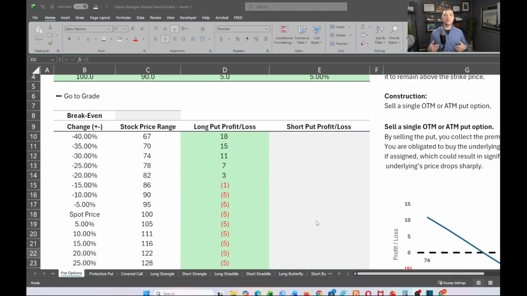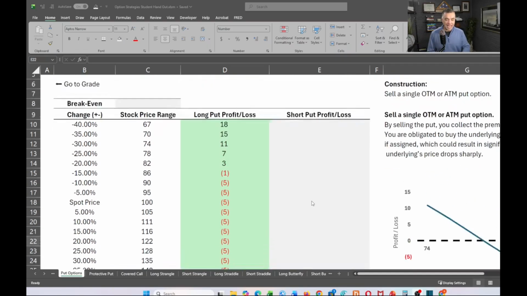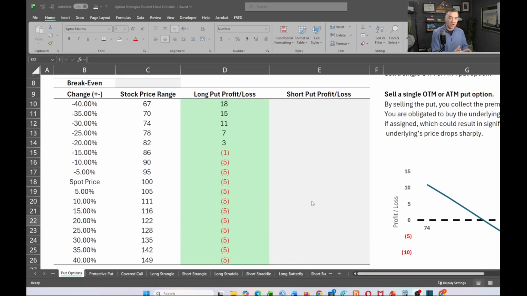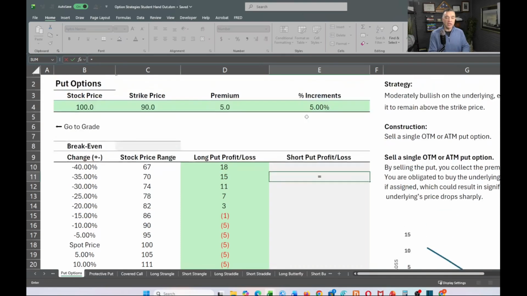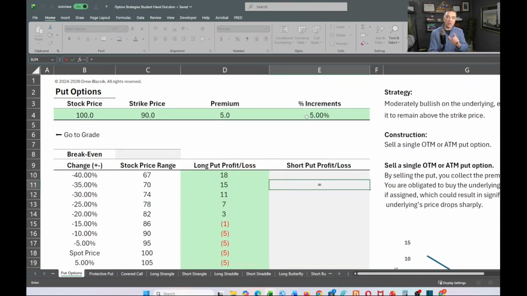Now let's look at the perception of the seller. We saw the buyer has a profit on a put, right? Strike minus stock because we have a right to sell. Well, just like the call, it's going to mirror it. So let's go up here. Let's look at the seller, and we'll build a function here. Well, the seller is strike minus stock.